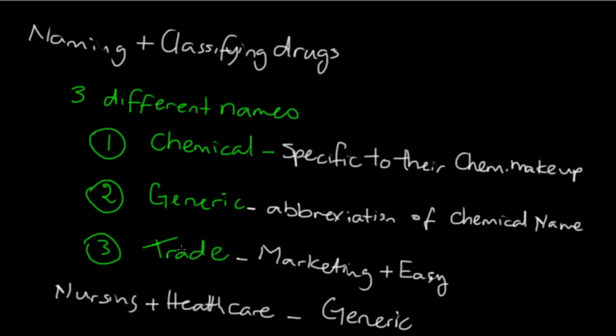With trade names you can sometimes get confused if you don't know the right name. But with a generic name, even if you don't know the drug, you will have an idea of what it's about, since it's an abbreviation of the chemical name.